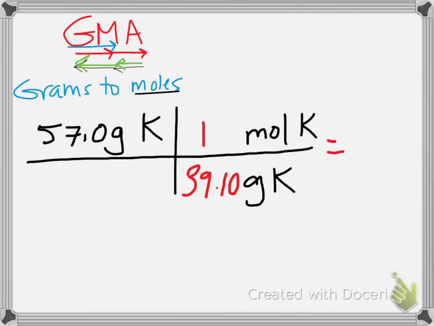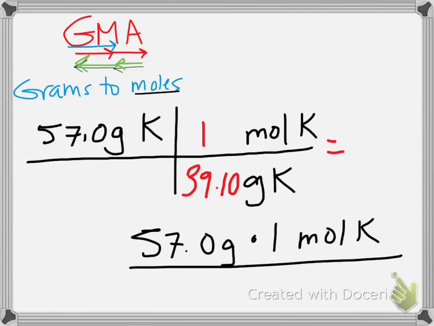If you want to see how this looks, 57 grams times 1 mole, all of potassium, divided by 39.10 grams of potassium. Move that over. So, grams of potassium cancels.